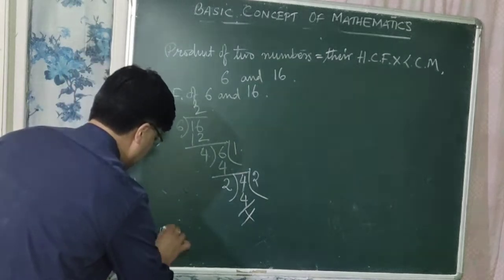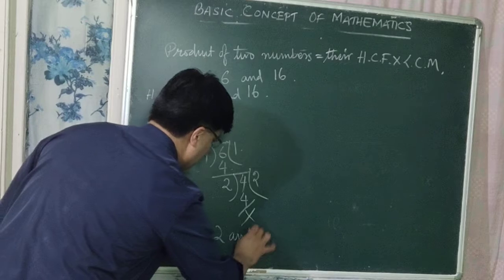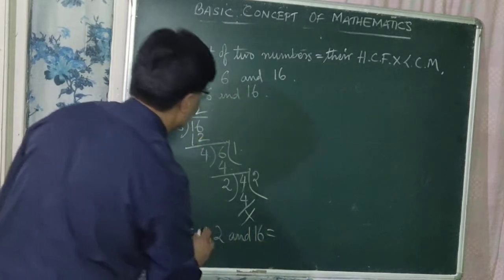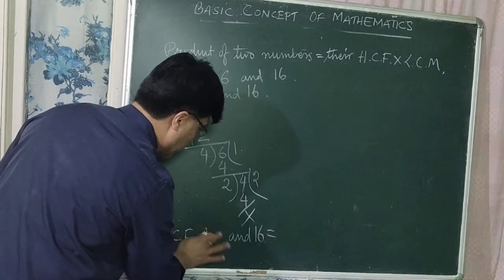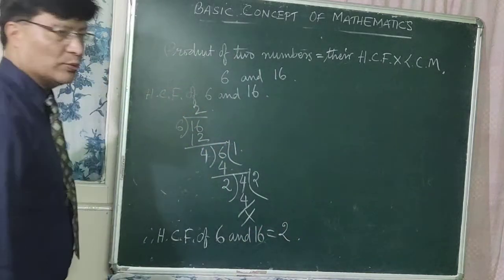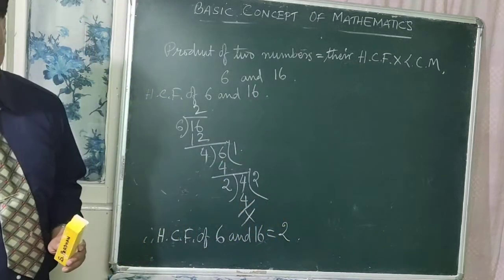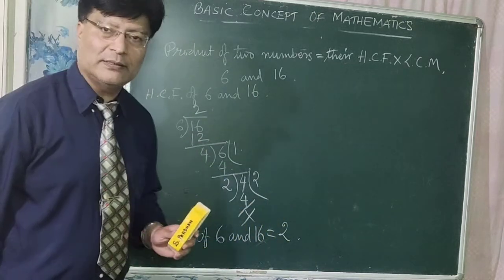So therefore the HCF of 6 and 16 is equal to 2. Right? So we have got the HCF.